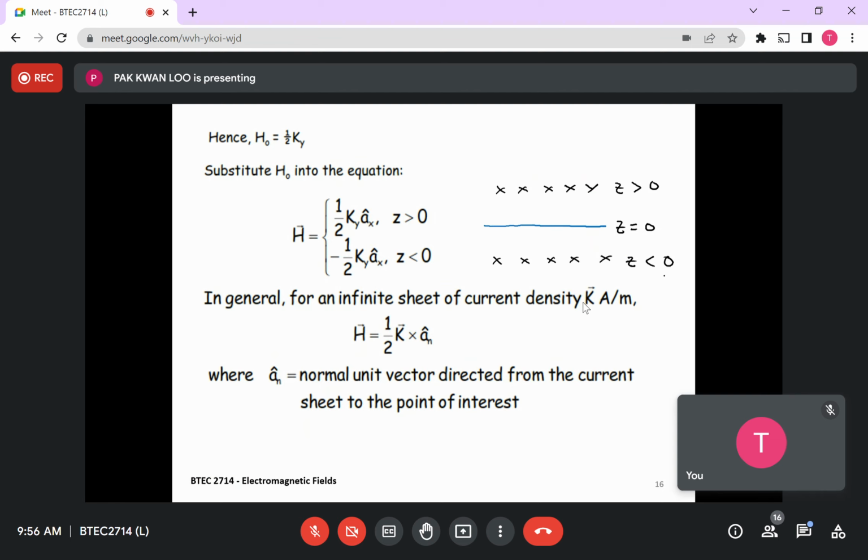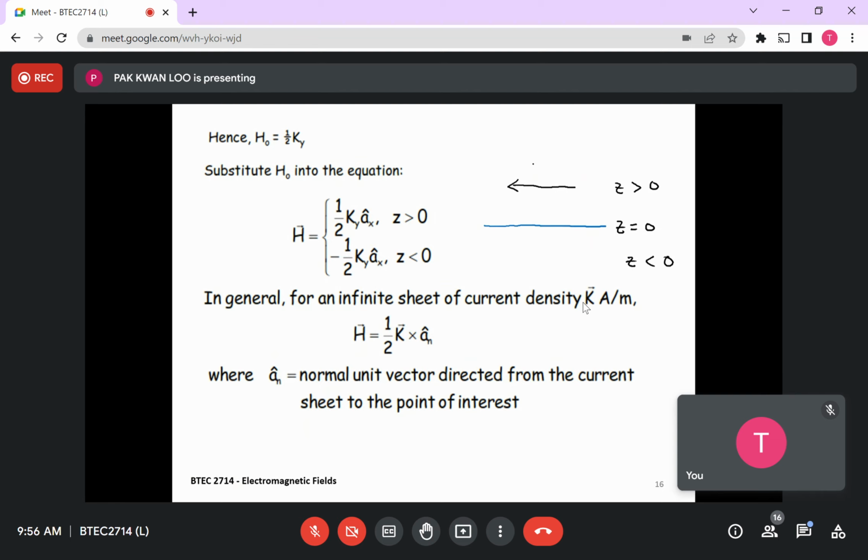So the direction, I shouldn't put a cross here, just not to confuse. The magnetic field is always pointing in this direction above the surface current.